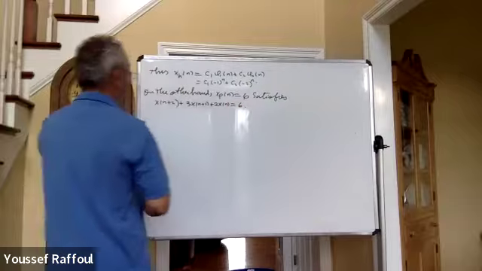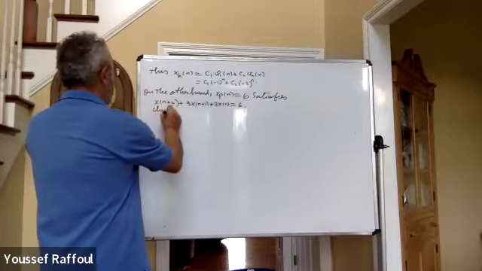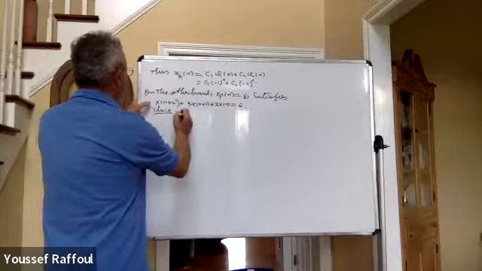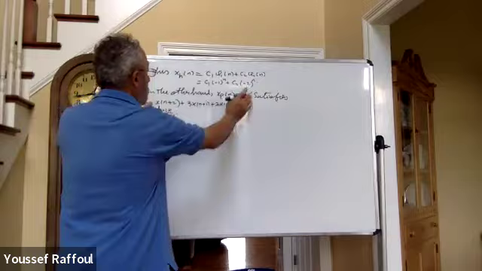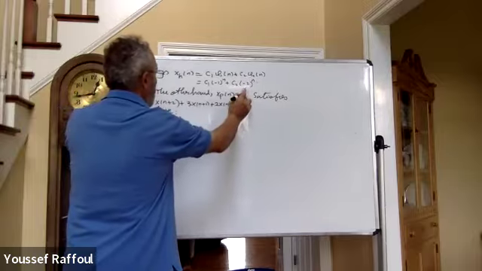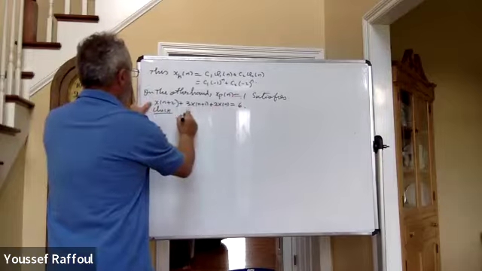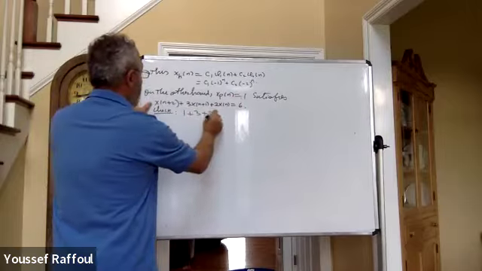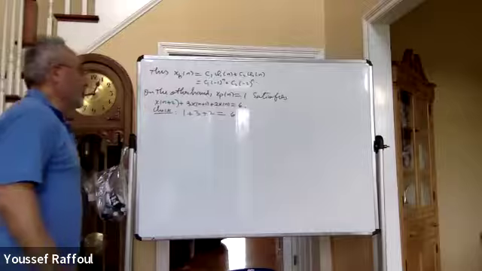You can check it. So, sorry, this is 1, not 6. So you're going to have 1 plus 3 plus 2, that is equal to 6. You see that?